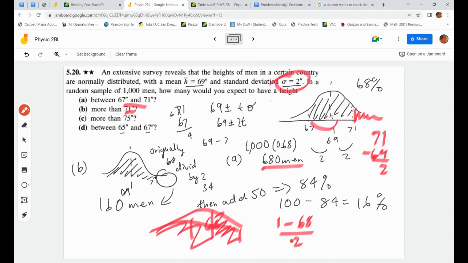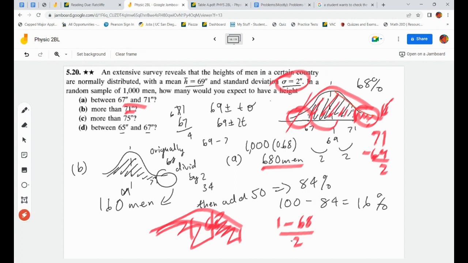So if I do 1, it means the whole thing, right? And then if I do minus 68, I'm subtracting this portion. Then I divide by 2 because right now these two are left, but they're halves of each other because they're symmetrical. So I get rid of one and that leaves me with this last one over here. Hope that makes sense.